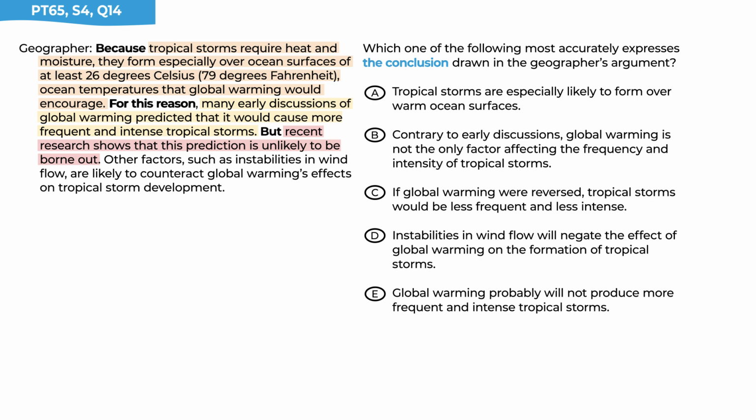But there's another pattern at work here that doesn't always follow the refutation model, which is we're looking at a prediction here. There were some people who were predicting that global warming would cause more frequent and intense tropical storms. This main conclusion is seeking to refute that prediction.